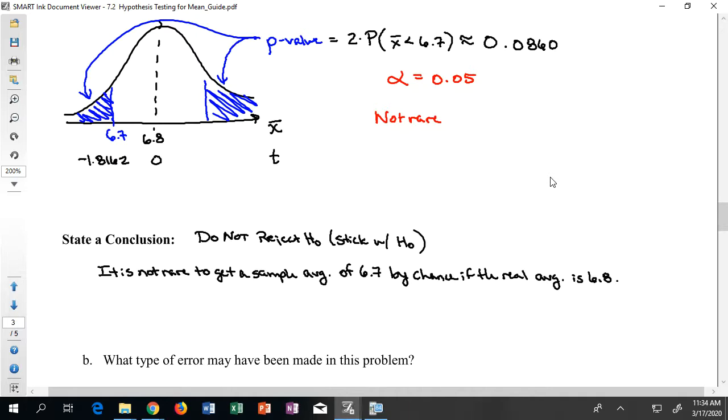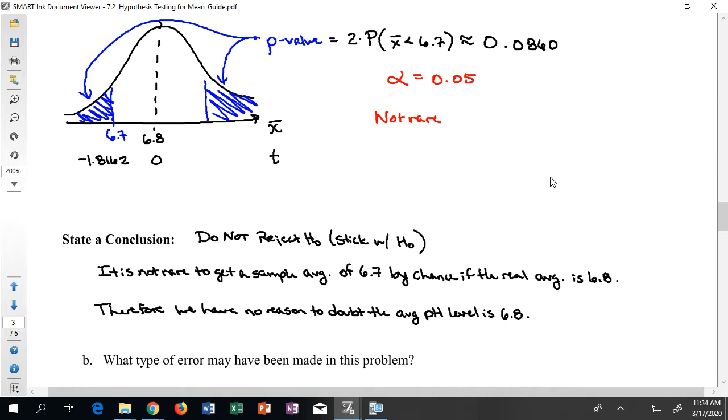Okay, so then I can go ahead and say, therefore, we have no reason to doubt the average pH level is 6.8.